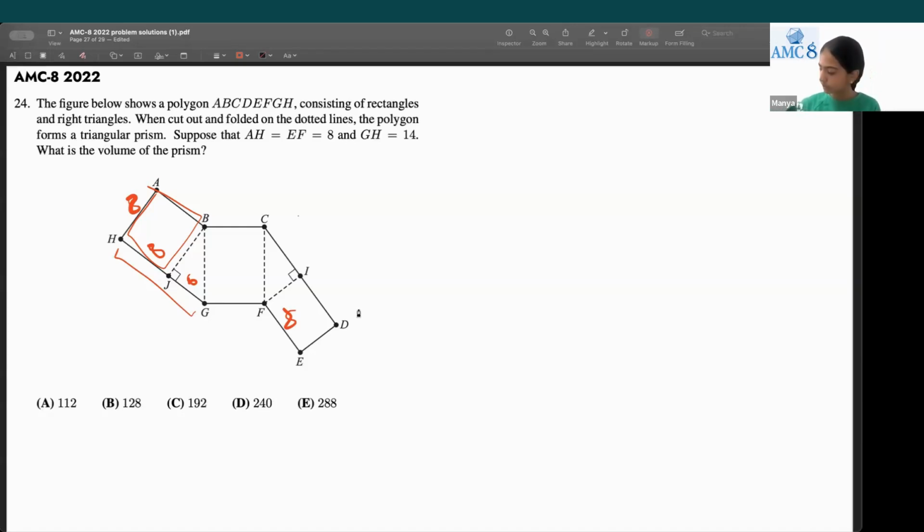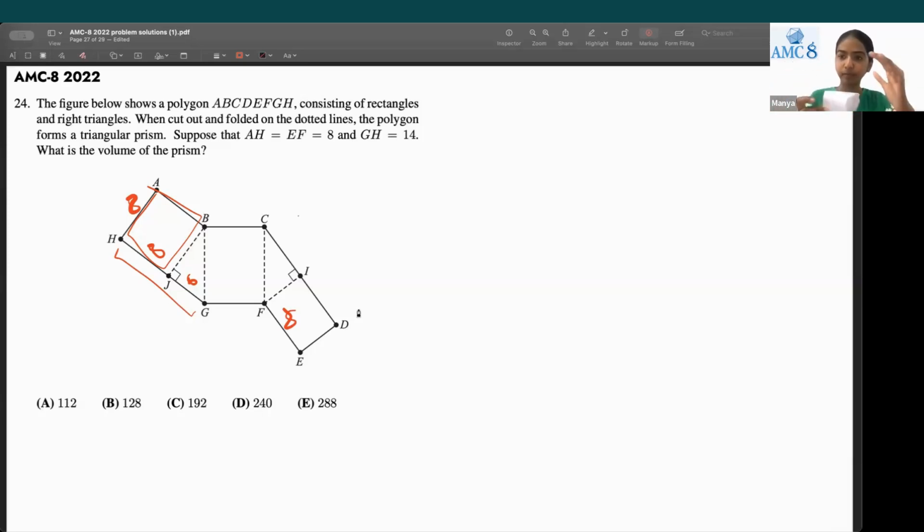I'm almost done. So try to visualize this, and I'll show you the model in a few seconds. Okay, so I have a model. It's not a perfect model, but I did label all of the side lengths.